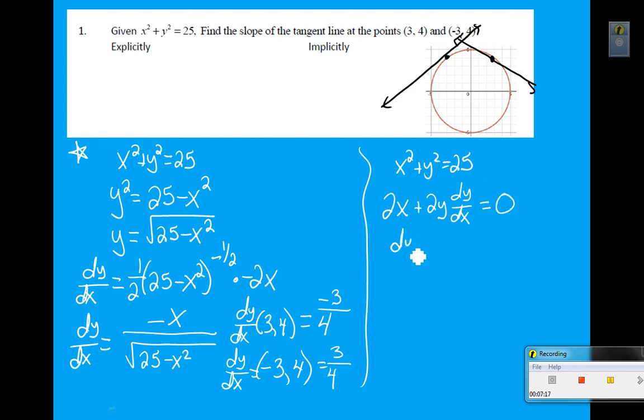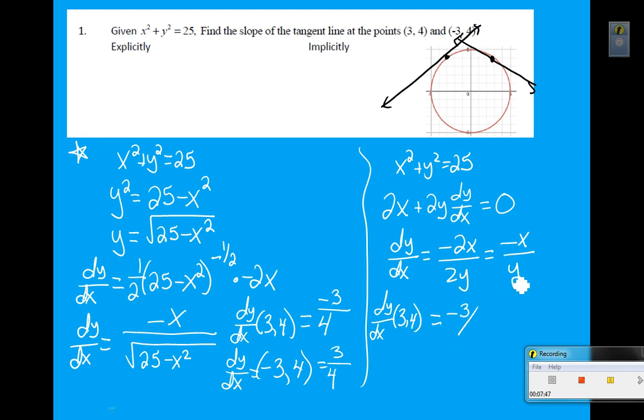Now I'm going to solve this thing for dy/dx. I'm going to move that 2x to the other side. I'm going to divide by 2y. So here's dy/dx. It's the opposite of x over y. A little quicker than over here. Now when you want to find the slope of the tangent line, let me find it at 3, 4. Just plug in a 3 wherever you see an x, so I got negative 3.